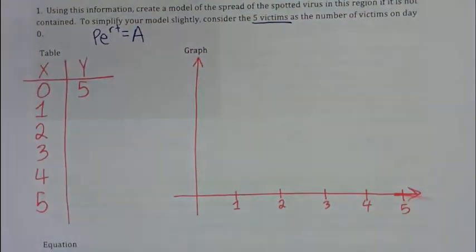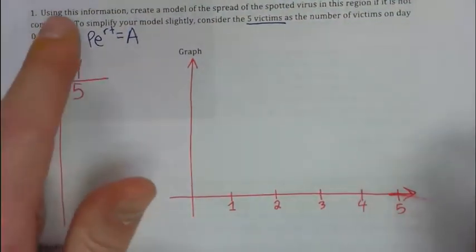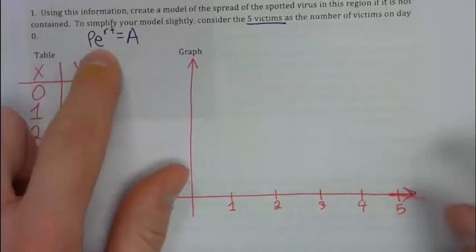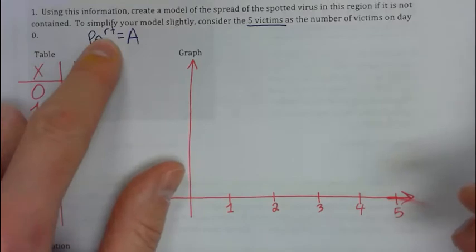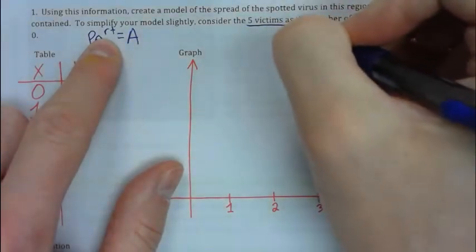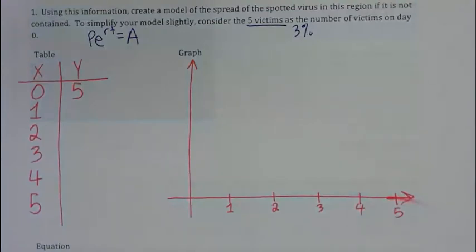So our general form of our equation is that right there. So just remember that P is going to be what we're starting with. We have base e, and then r is our rate of growth as a percent usually, which we know in this case is going to be 3%. And t is going to be, in this case, the number of days that have happened.